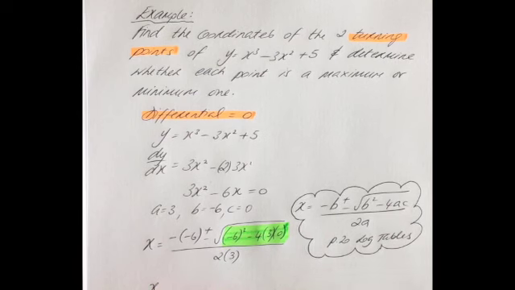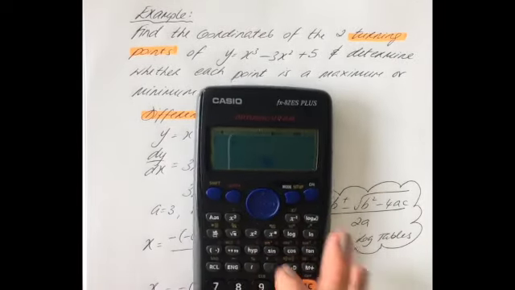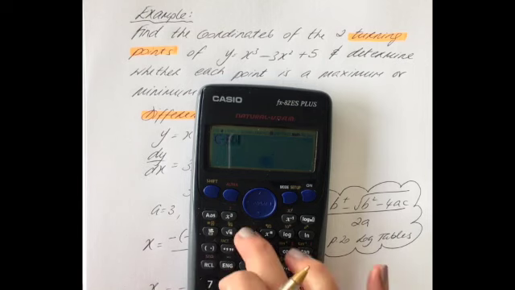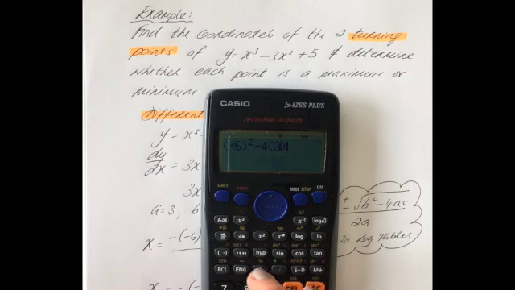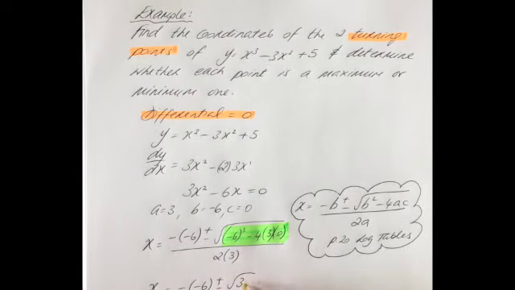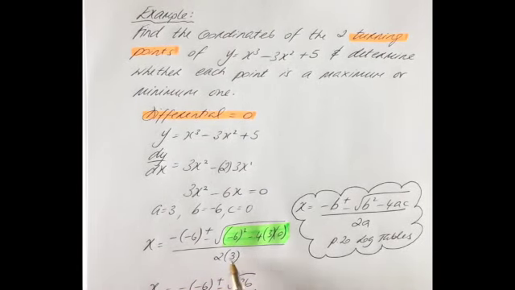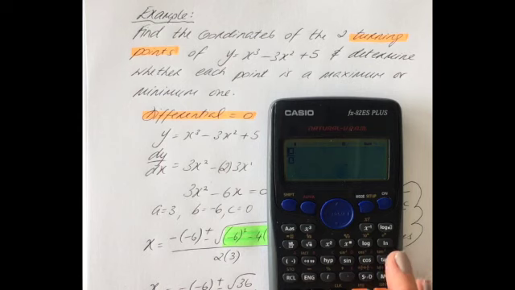So I have x equals minus 6 plus or minus the square root of, and all I'm going to do is what I have highlighted in green on the calculator. So I have minus 6 squared minus 4 times 3 times 0. And it is, of course, 36, all over 2 times 3, of course, is 6. Now I'm going to type this into the calculator. So I'm going to get my fraction button up.